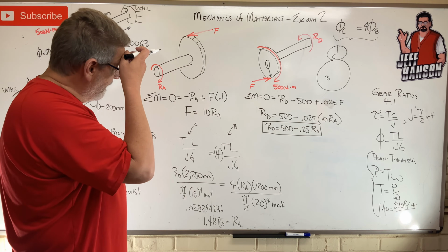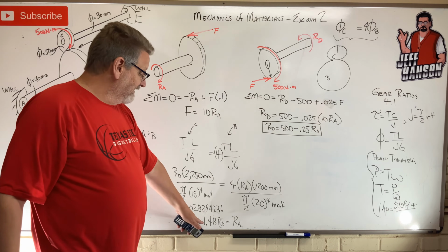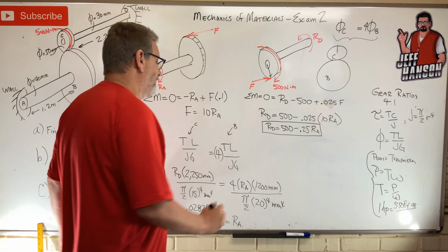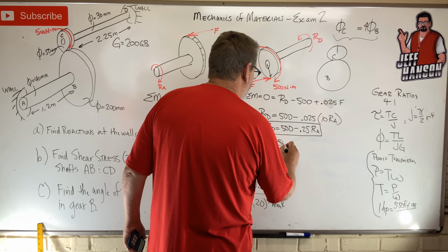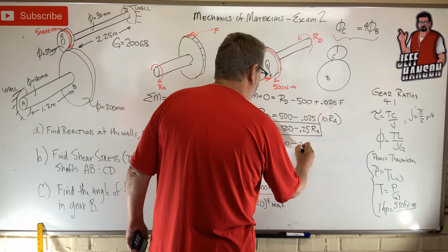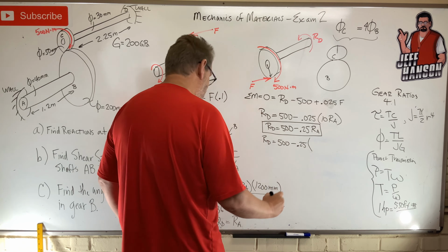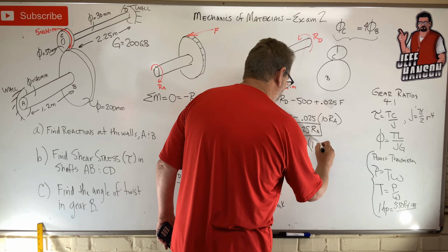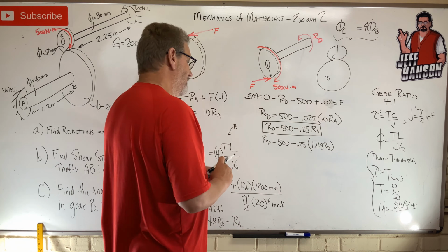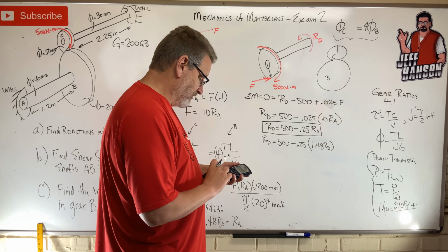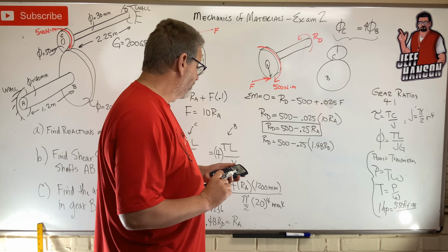Okay? So I'm going to plug that in for RA over there. So what are we going to get? We get RD is equal to 500 minus 0.25 times 1.48 RD. Okay, so 1.48 times 0.25 equals 0.37.